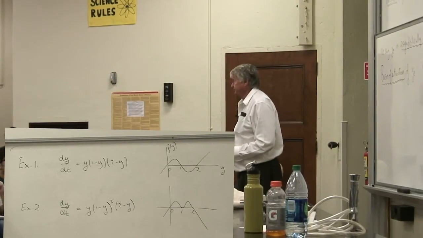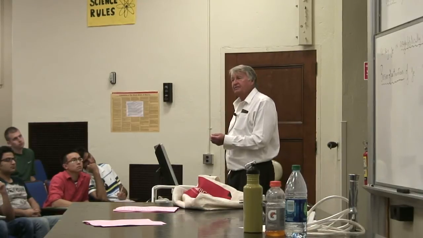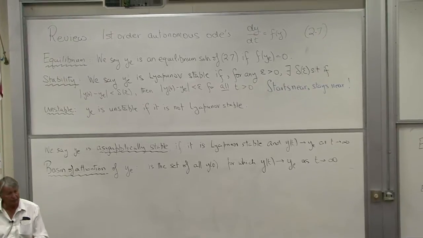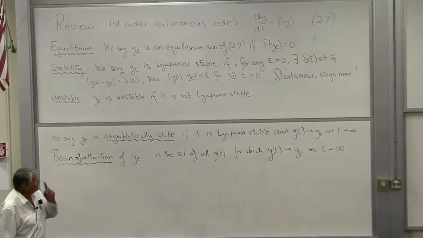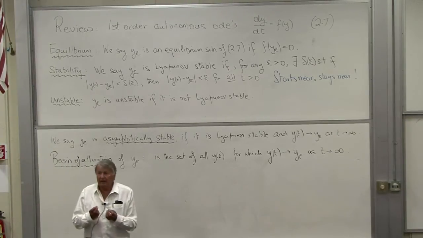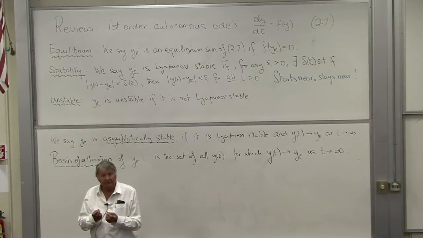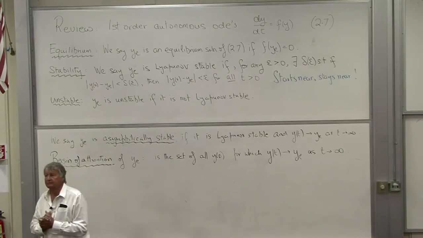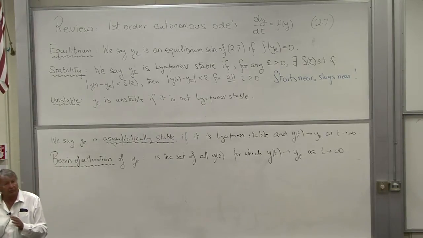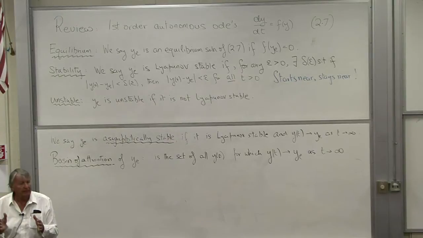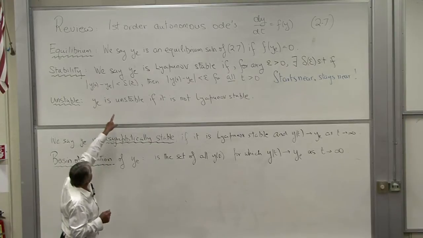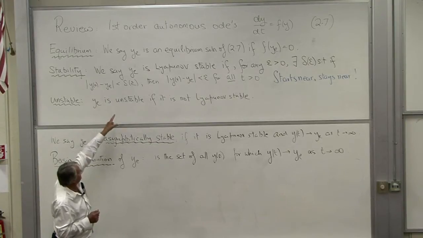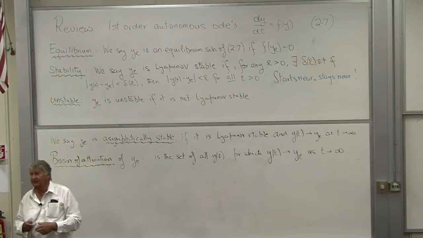So, we have the definition. Lyapunov stable first. It expresses in mathematics the idea that if you start near, you stay near. And we express it as follows. If you want to stay epsilon close to YE for all time, where epsilon is any small positive number, then if you can start within a delta of epsilon, as epsilon gets smaller, delta would get smaller.